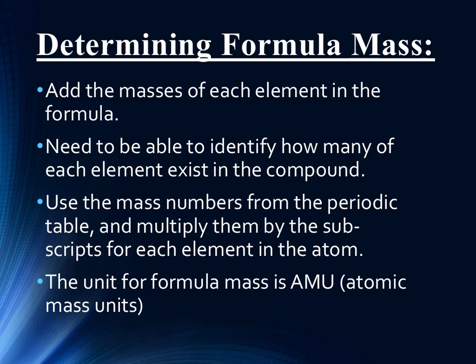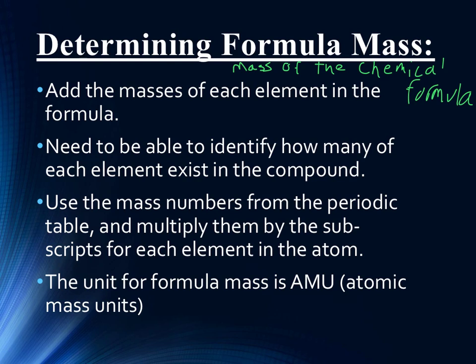Now, to find the formula mass, we need to do a couple things. And really, what formula mass is, if I was to define it, is the mass of the chemical formula. The mass of the chemical formula is called formula mass.